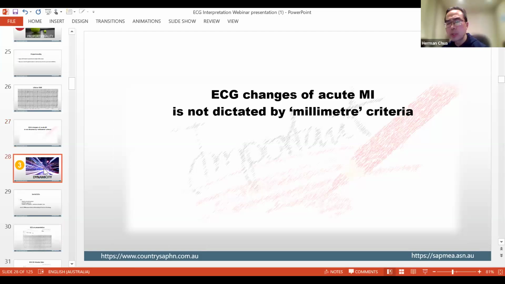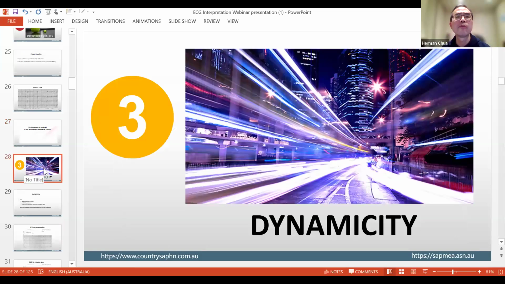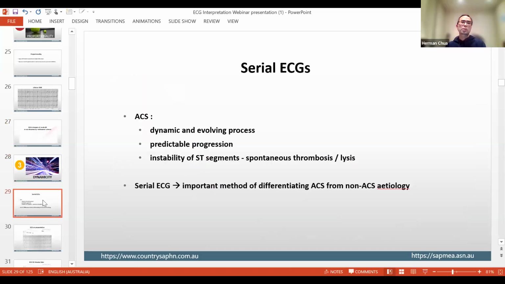The third concept is the concept of dynamicity. The process of coronary occlusion, the thrombus that occludes the coronary artery, is dynamic, because it lyses spontaneously and it reoccludes again.